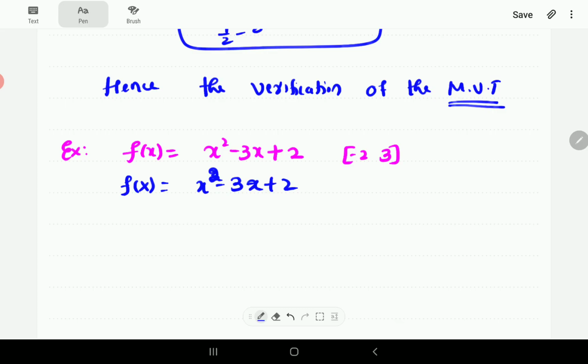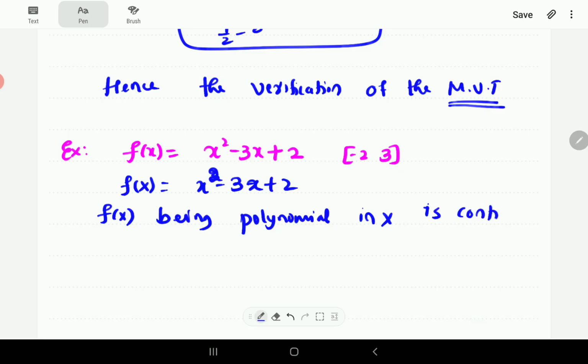Okay, so we can write it here, f of x being a polynomial in x is continuous for every value of x.